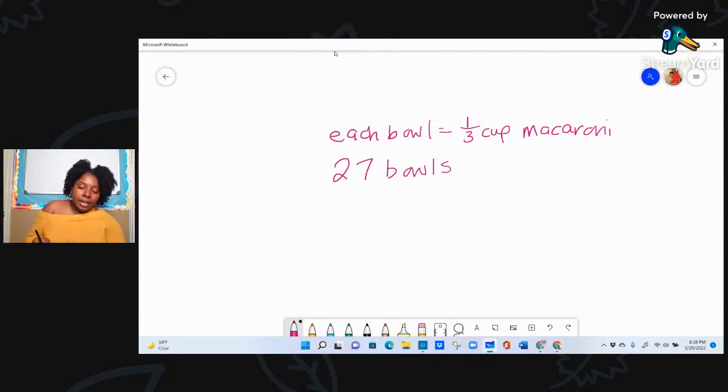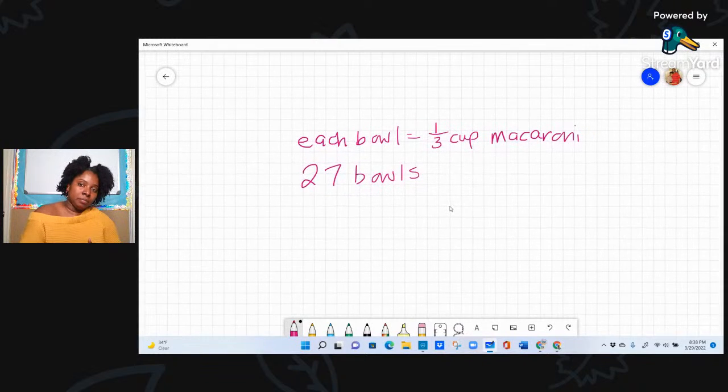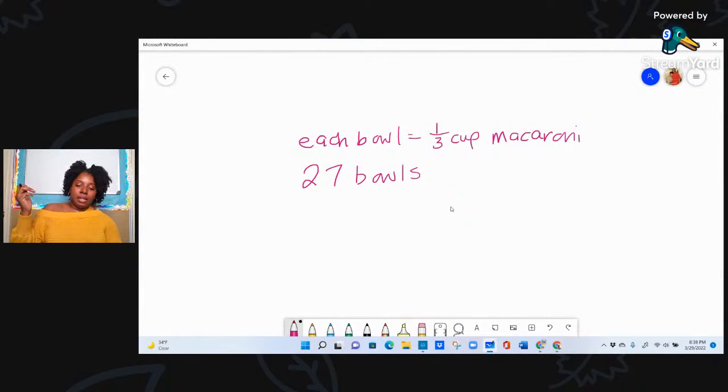Okay. Well, here's what I like to do, because fractions can look scary and it can be confusing. A lot of times I'll tell my students, pretend this 1/3 wasn't here. What if it said each bowl is 2 cups? So bowl number 1 is 2 cups.